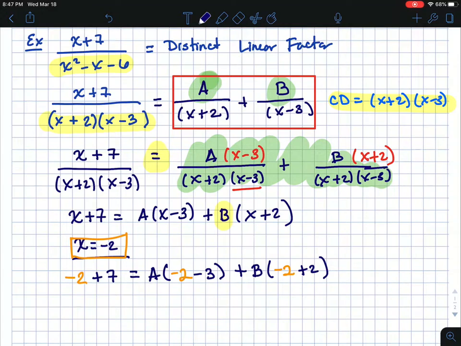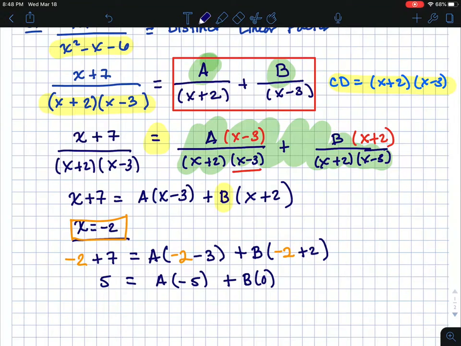So on this left side, we get 5 equals a times (-5) plus b times 0, which will equal 0. So we're left with 5 equals negative 5a.